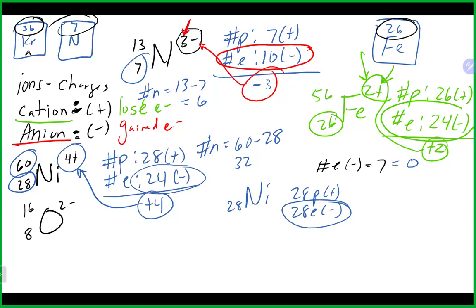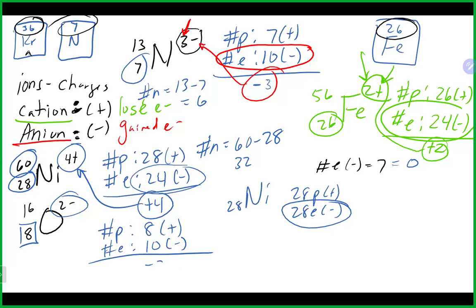Look at the bottom one, which is oxygen with a -2 charge. Once again, our atomic number we could get from the periodic table, but it's actually written here, so we know our number of protons is 8. In this case, it has a -2 charge, which means it's an anion. Once you see the negative, it should imply that it has gained electrons, and the 2 is how many electrons it has gained. That means my number of electrons is going to be 10. 10 negatives and 8 positives leaves you that -2 leftover charge, which is what we have on our oxygen.